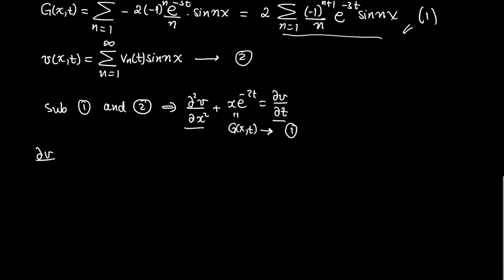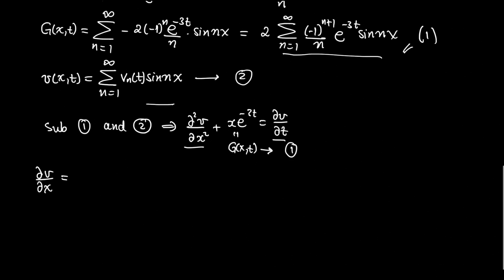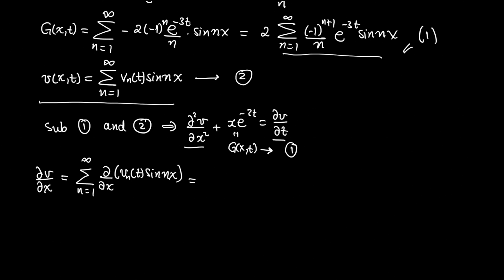Okay, the derivative of v with respect to x. I have to find the derivative of 1 with respect to x. So I have the summation n from 1 to infinity of the derivative in x of v_n(t) sin(nx). Now v_n(t) is just a function of t, so I'm just finding the derivative of sin(nx), because the other one is a constant.